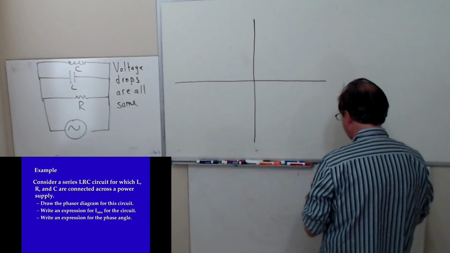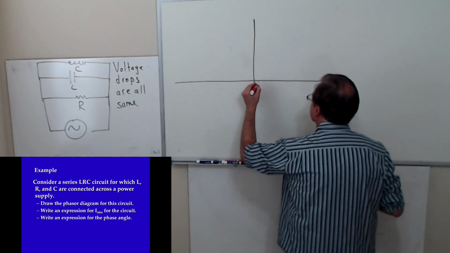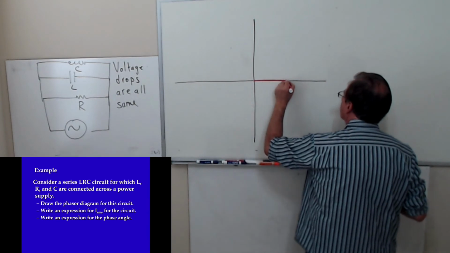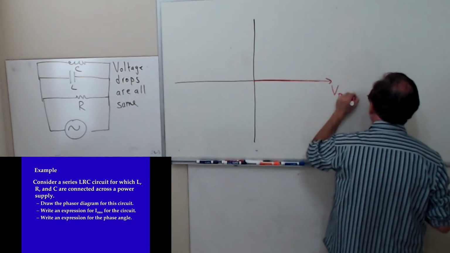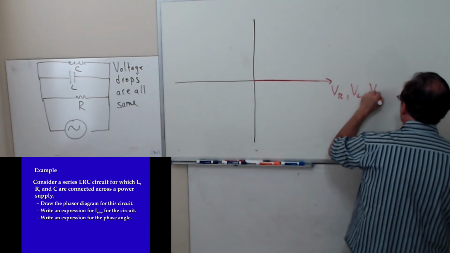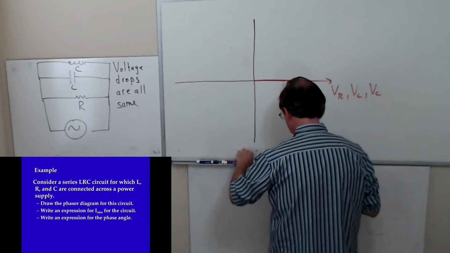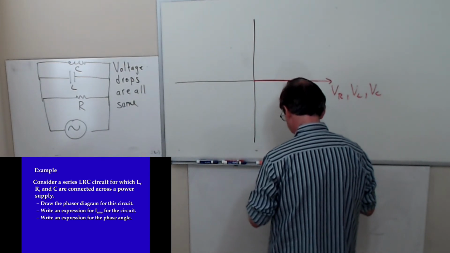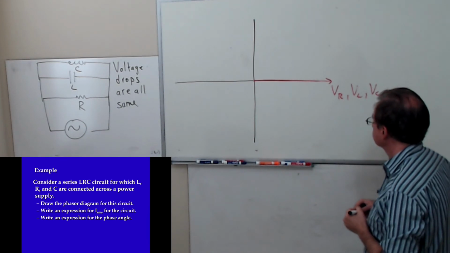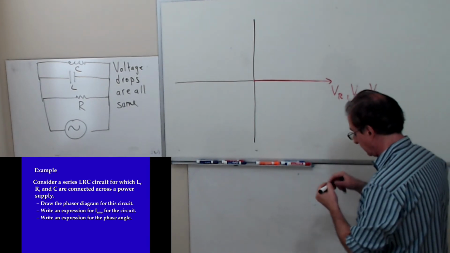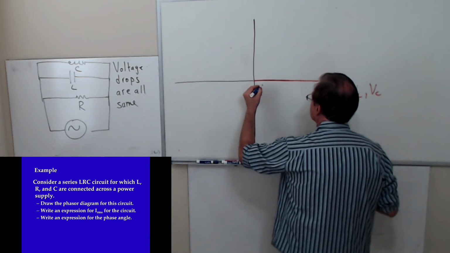So let me draw V like this. Of course, the current's going to be in phase with the resistor voltage.